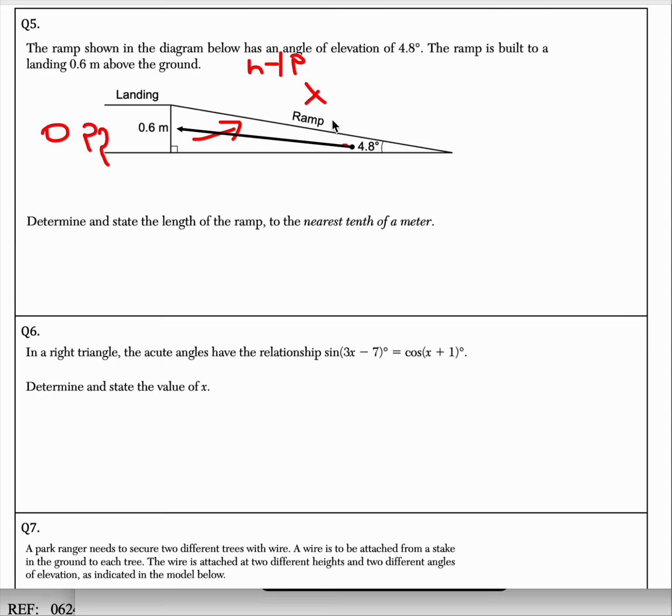Okay, so we are going to be working in this case with sine, opposite over hypotenuse, and we have sine 4.8 equals 0.6 over x.